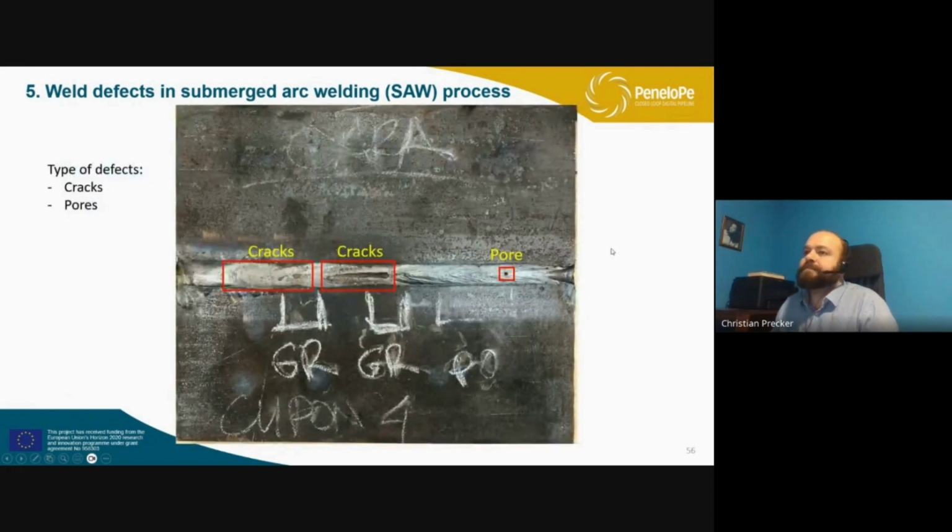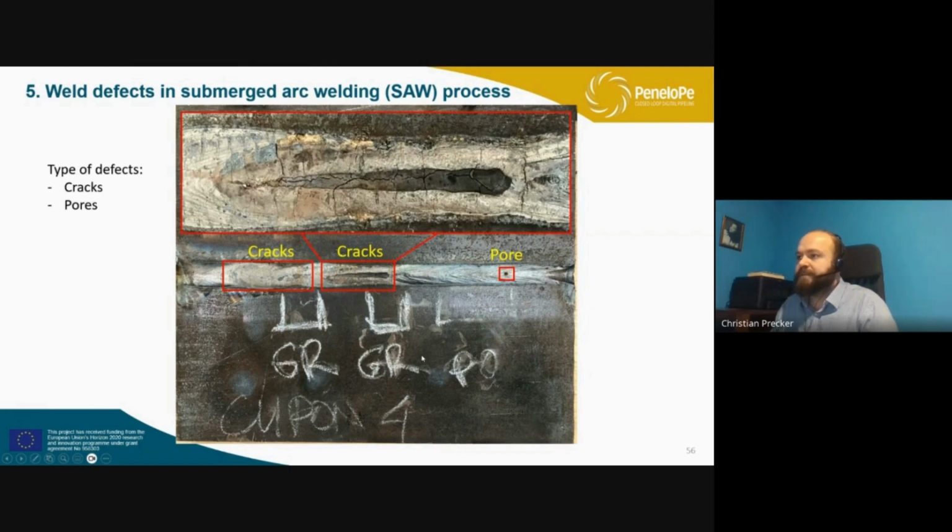And here you can see an image of a coupon that we analyzed. In this coupon, or the sample, we have identified two different kinds of defects, namely cracks and one pore.